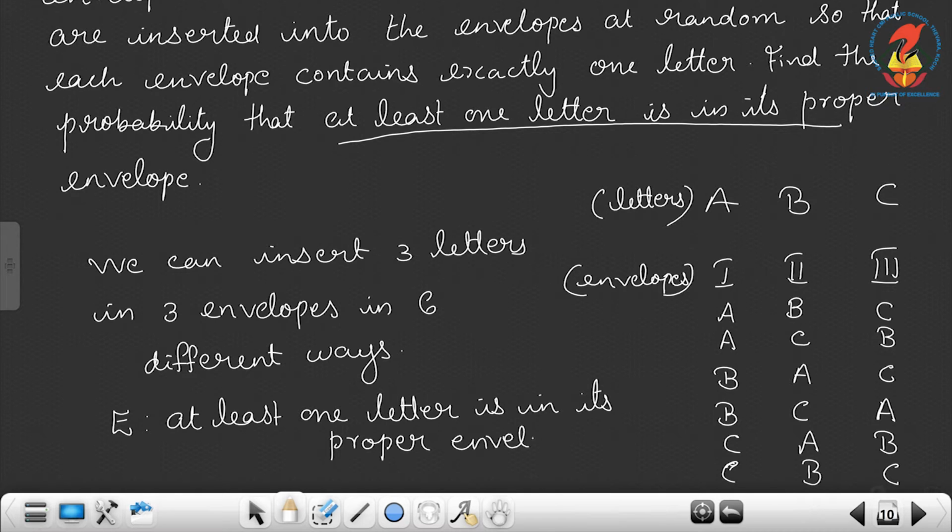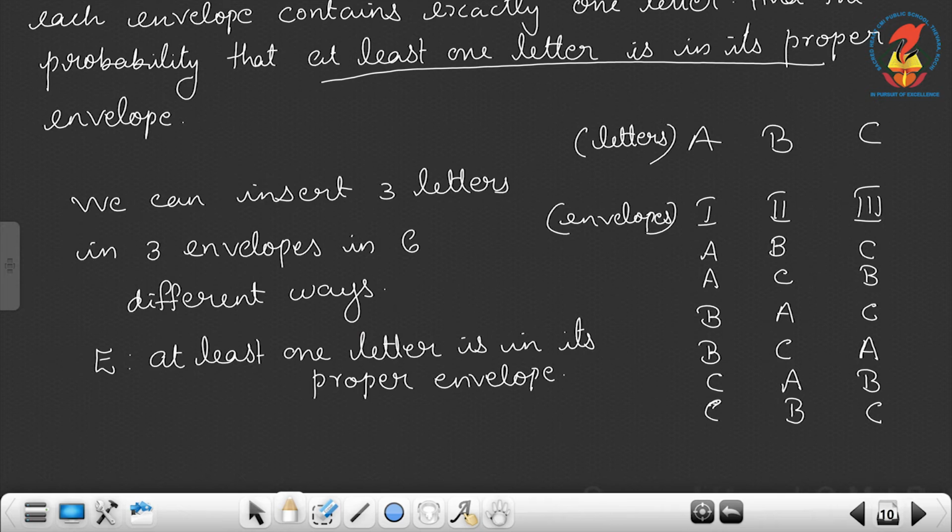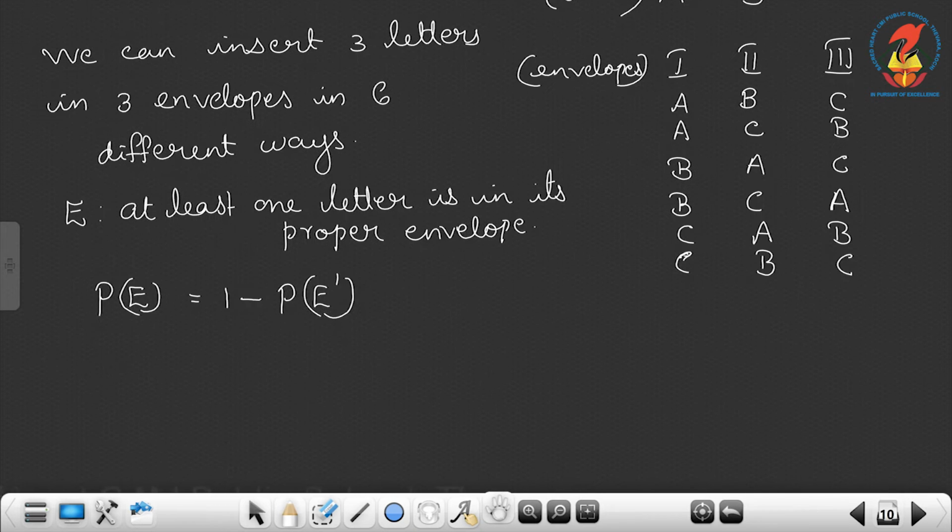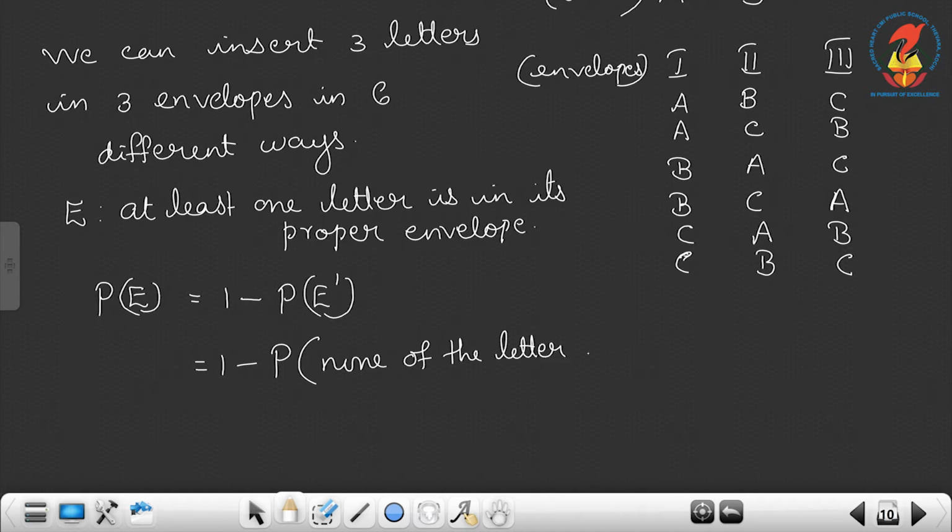We have to find P of E. That is the same as 1 minus P of E complement. Then what is E complement? What is the meaning of E complement? That is 1 minus the probability that none of the letters is in its proper envelope.